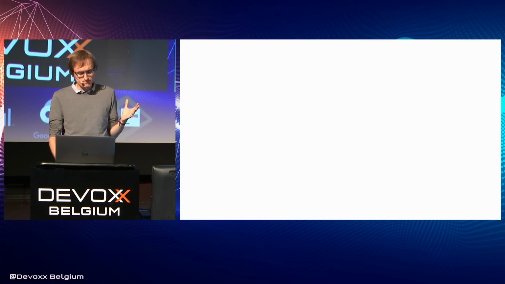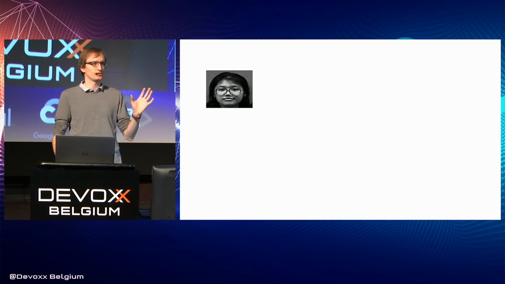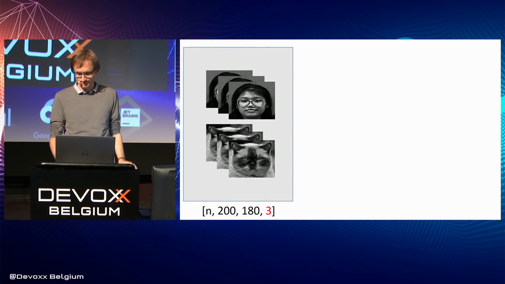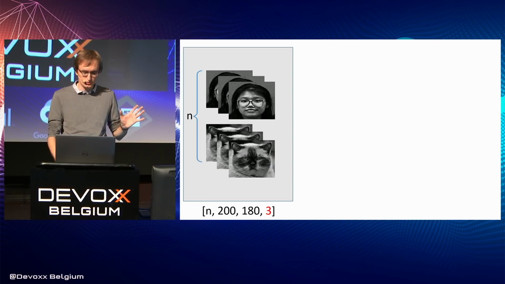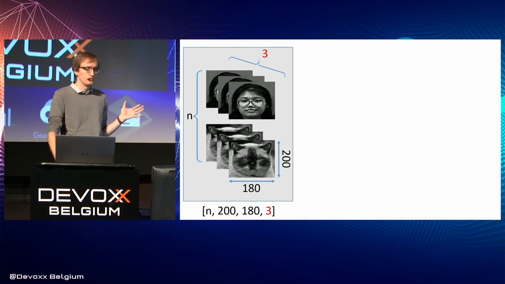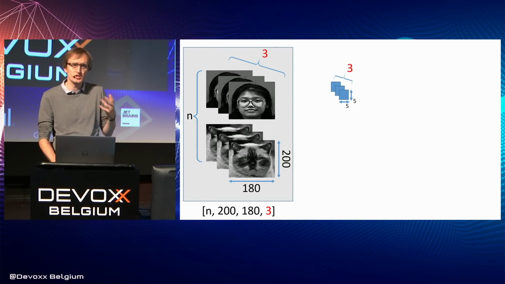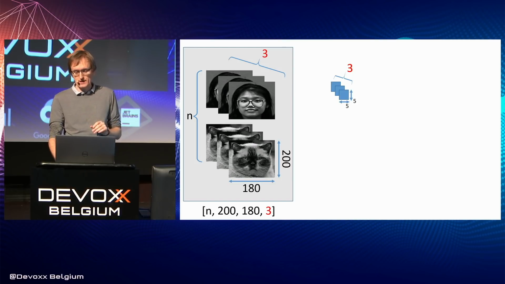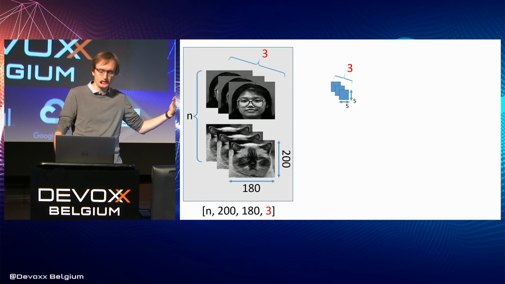Now, in code, an image is a matrix. And many multidimensional, multi-channel images form a tensor, here n by 200 by 180 by 3. If we design a filter, it needs to be a 3-channel filter because we have a 3-channel image at the input.